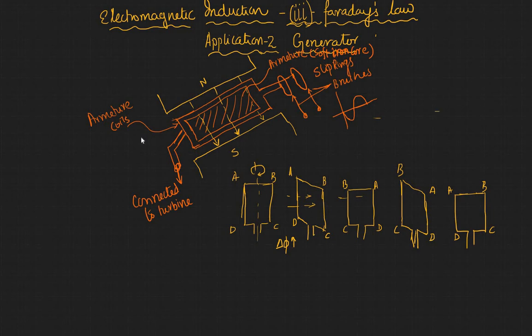You need the face to be perpendicular to the flux lines for maximum flux lines to pass. But if this is your flux lines and this is the face, there's almost no flux line passing through. So the amount of flux is decreasing here, and then again you're opening up your face, so the amount of flux is increasing, and similarly it is decreasing.